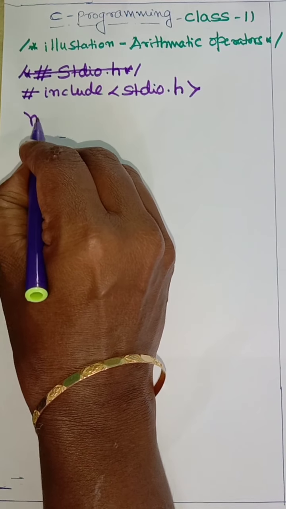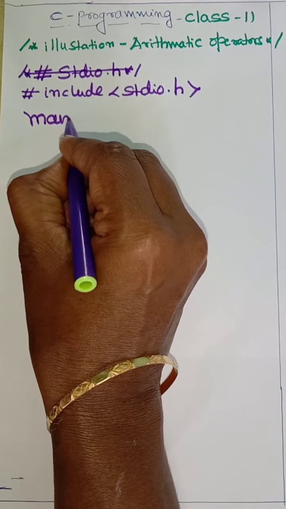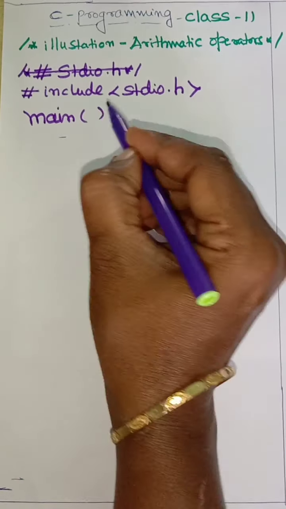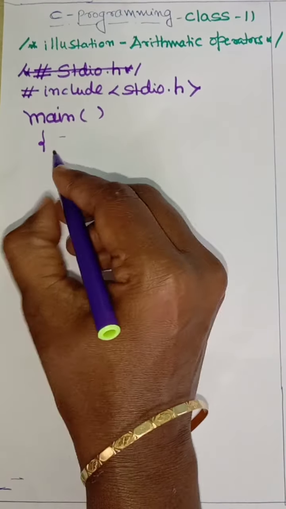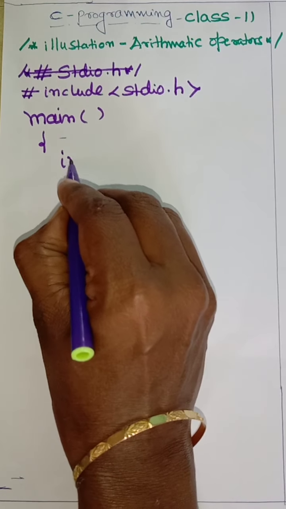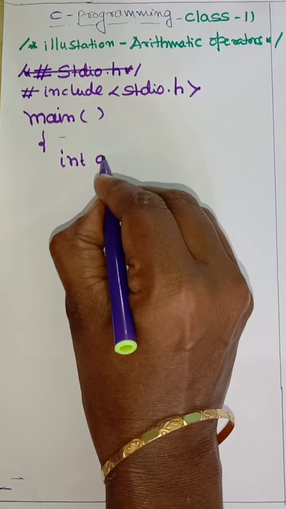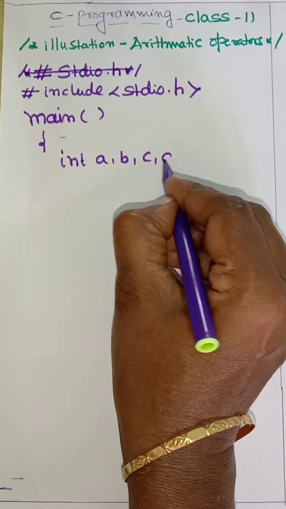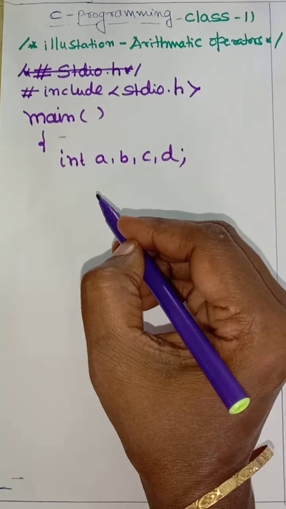Okay. Afterwards, we have to write the main program. Let us begin with main and next the opening brace. Let us write the program. So here I will take four variables: int a, b, c, d.